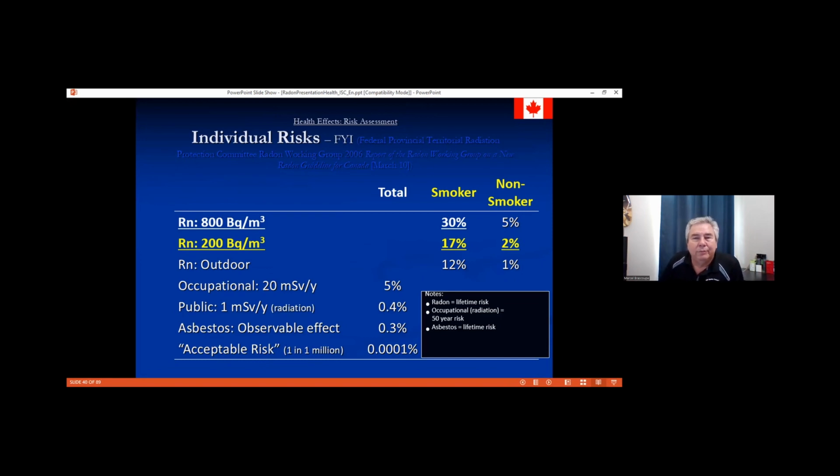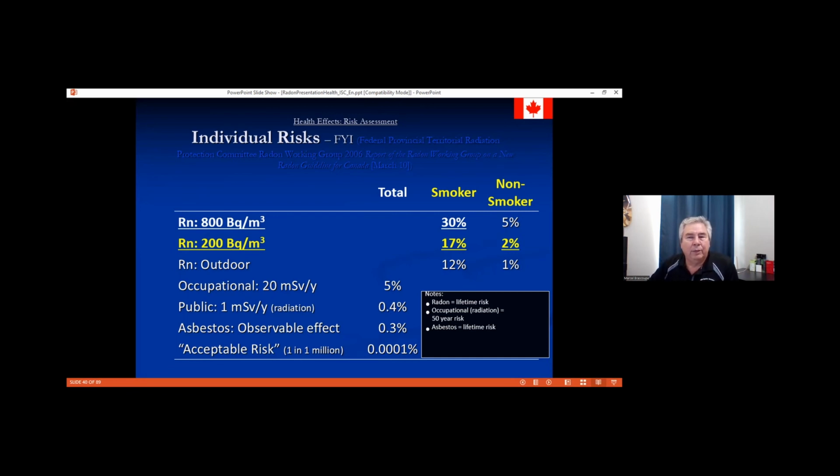For a smoker, 30%, or one smoker in 3 had the risk of getting lung cancer. For a non-smoker, about 5%, 1 in 20. When they lowered it to 200, at that point, smokers had a 17% chance of getting lung cancer, and for non-smokers, about 2%.